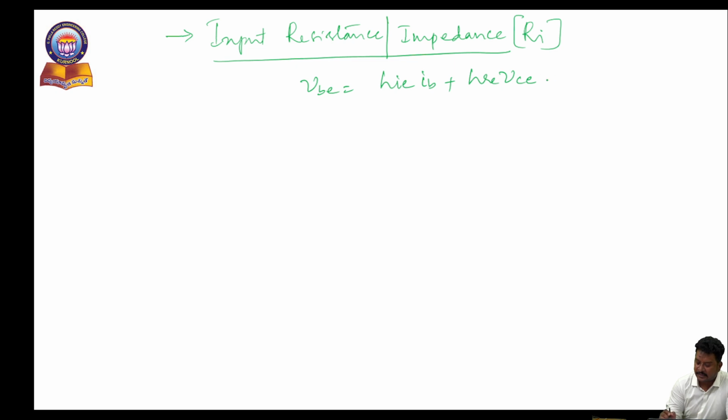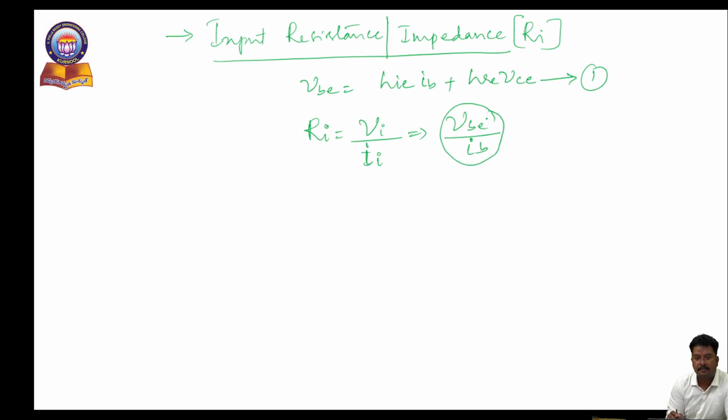This is equation 1. From the basic definition, input resistance RI is the ratio of input voltage VI by input current. In this case, VI is VBE and the input current is IB. If you get the relation in terms of input voltage and input current, then we can easily find the input resistance of the amplifier.